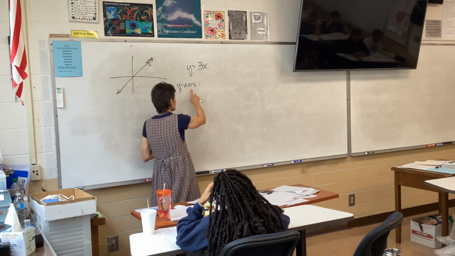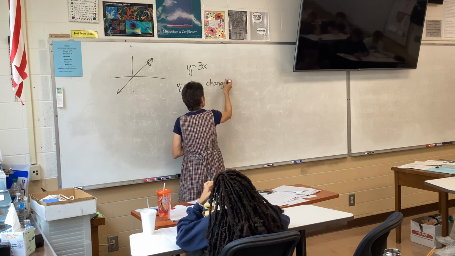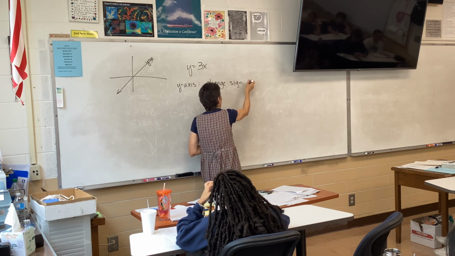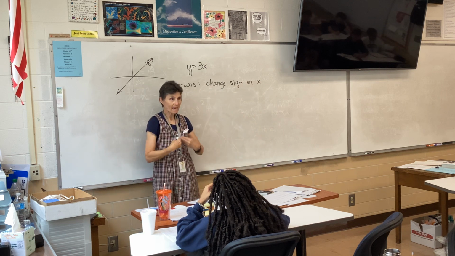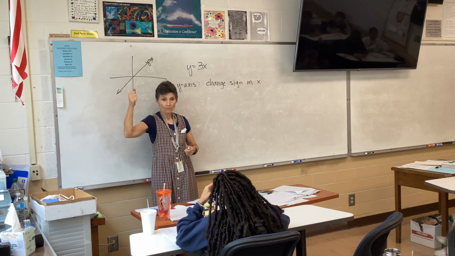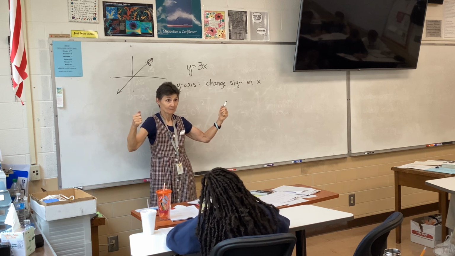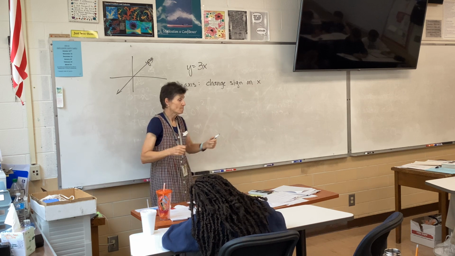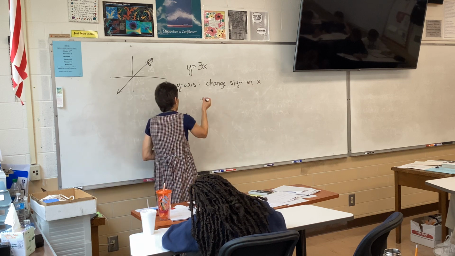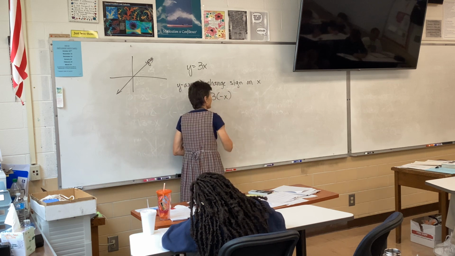The test for symmetry about the y-axis is change the sign on x. Because if I'm the y-axis, if you go from this side of me to this side of me, you're changing the sign on x. This might be -2 and this would be +2. So what does that look like? Well, go to your equation and make x negative. That's all.